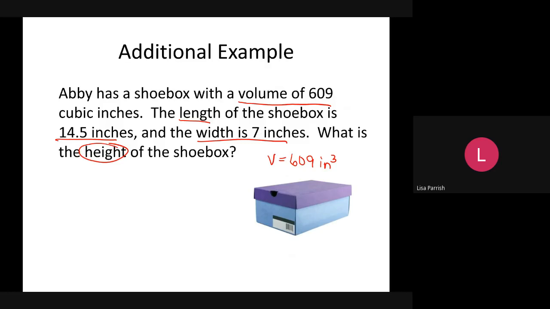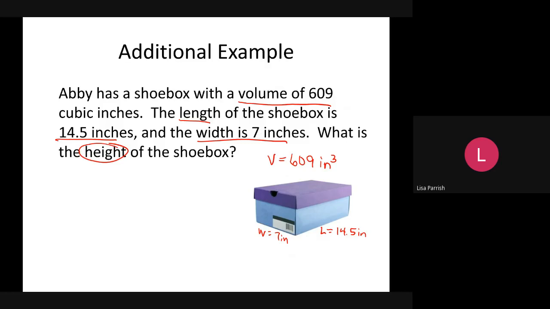Take a second and copy that down. And we know the length is 14.5 inches. We know the width is 7 inches, and we're trying to find the height.